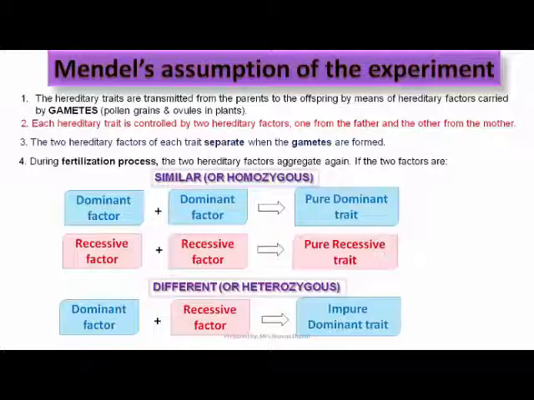The second plant has the recessive factor, so it is a plant with a seed in green color. So if I have two different plants, one with green color and the other one with yellow color, the new plant is going to be with a yellow seed, because the result is the pure dominant trait.